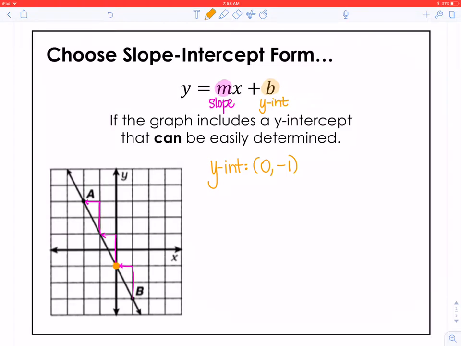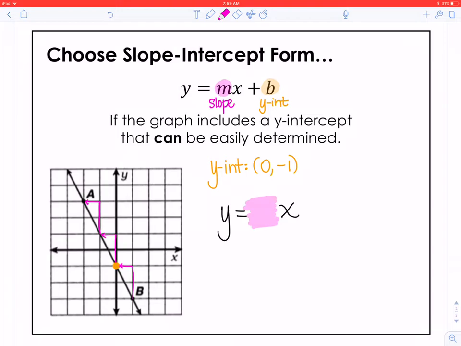Now that means that I already know pieces of my equation to model this line. So if I'm doing y equals mx plus b, I know y stays as y, x stays as x, and in front of my x, my coefficient, is going to be the number that represents my slope.